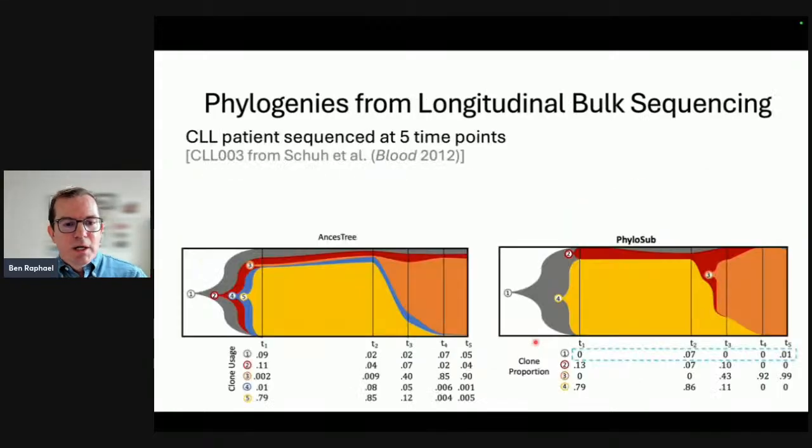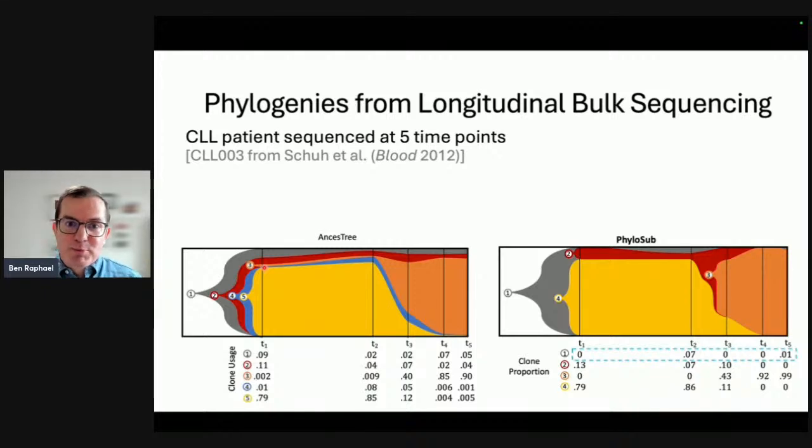Years ago, when we were thinking about these problems with bulk data, we started applying some of the state-of-the-art tools for building phylogenies from bulk tumor sequencing to these multiple time points. If we apply these tools to, in this case, all 5 time points simultaneously, we get some curious findings.